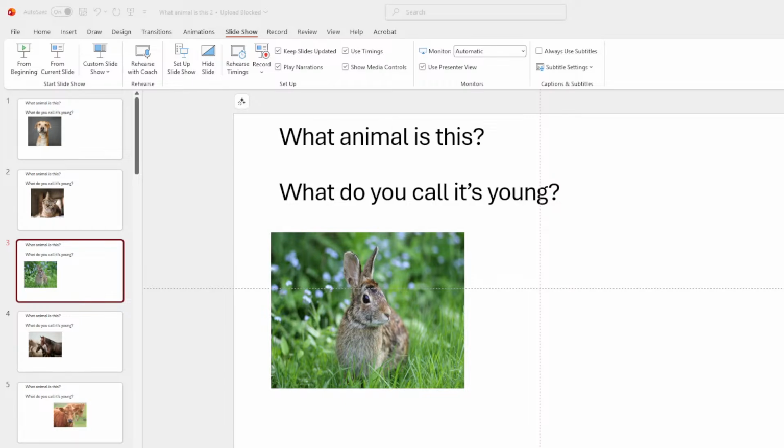All right. It's called the kit. K-I-T. Some people call them kittens as well. I wouldn't know why. But they are also known as kits. So K-I-T. That's the young one of a rabbit.